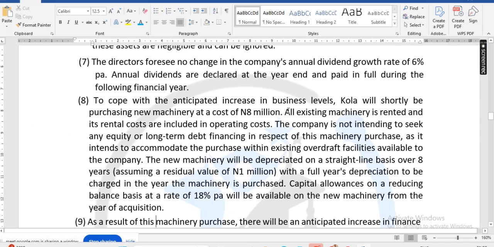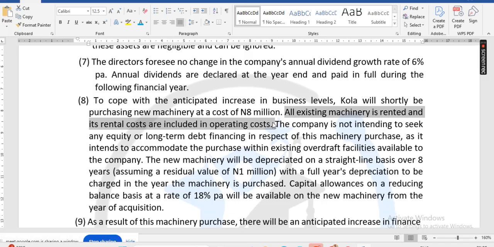All existing machinery is rented and its rental costs are included in operating costs. The rental costs are included in your operating costs.